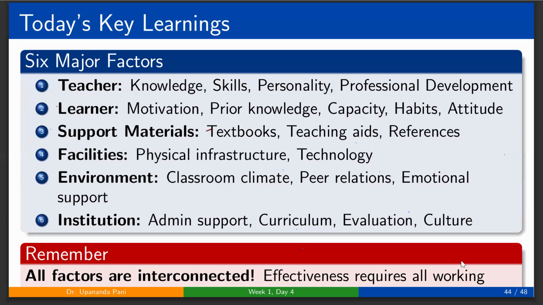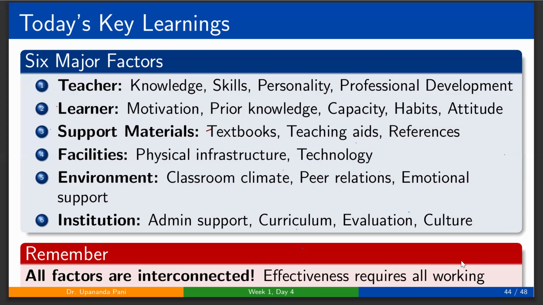Now let us try to wind up our discussion. Today it was a very important session. Let us summarize what we have learned so that you can remember. There are 6 major factors. Teacher should have knowledge, skills, personality, and they should continuously develop themselves through professional development.